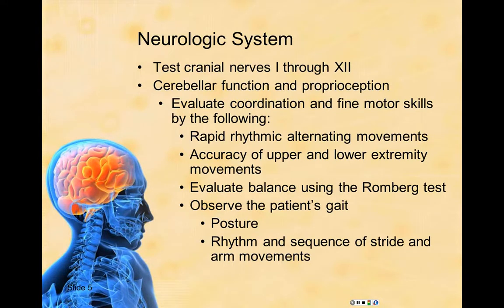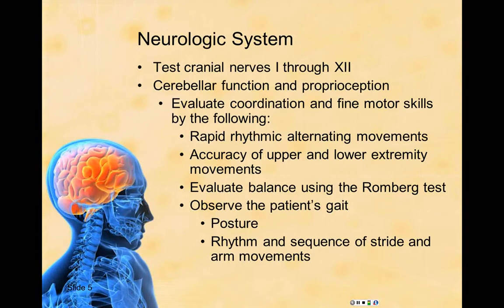The neurological system will include cerebellar function and proprioception. We're going to evaluate coordination, both gross and fine motor skills, evaluating fine motor by doing the rapid alternating movements, how the patient is able to move their upper and lower extremities, the accuracy of those movements.